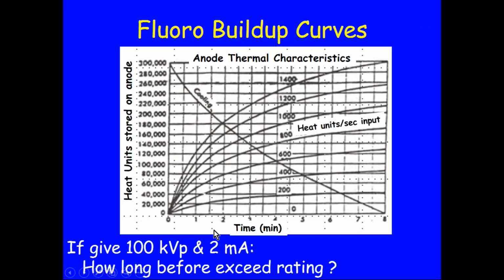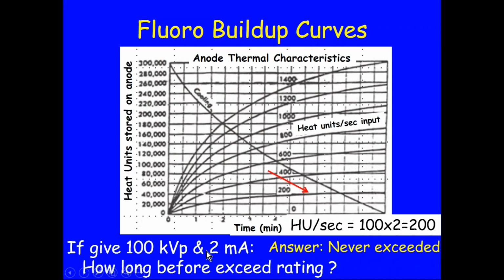Okay, exceeding the rating. Well, remember, heat units per second is the kVp times the mA. 100 times 2 is 200. So now you're looking at the 200 heat units per second curve. That's way down here, and by the way, this is pretty much a typical patient value. What this is telling you is that you can step on the pedal and that curve never gets to the maximum.